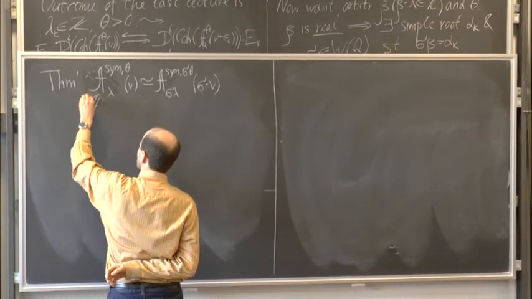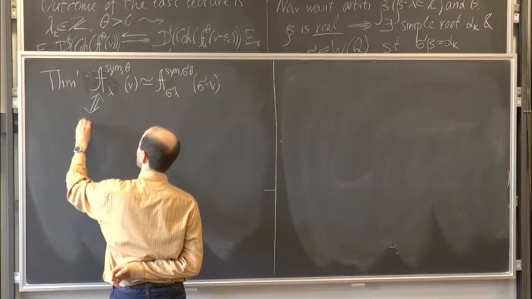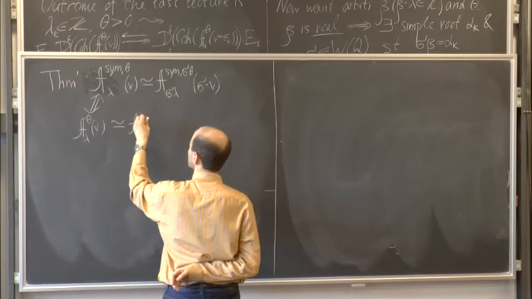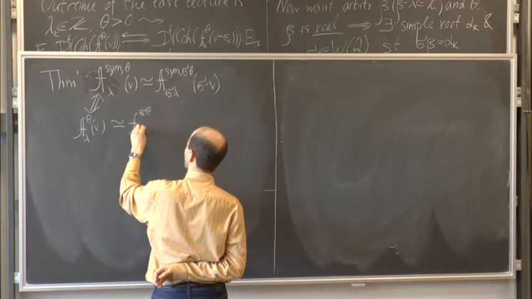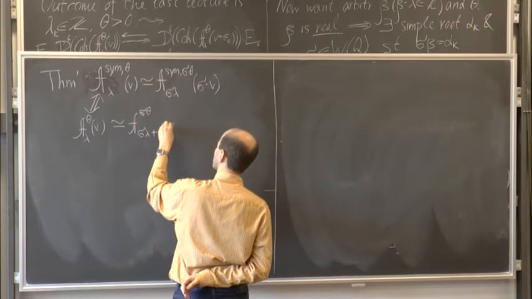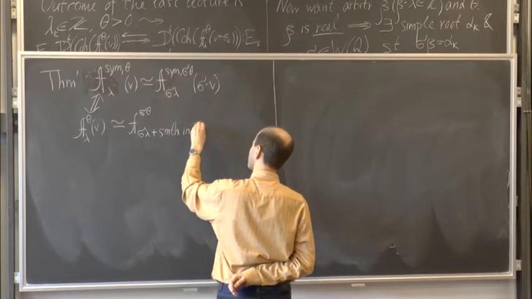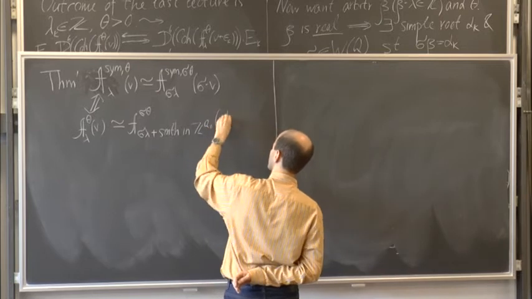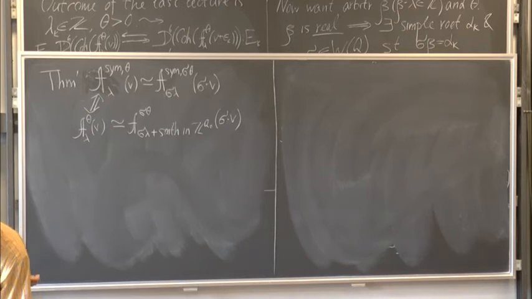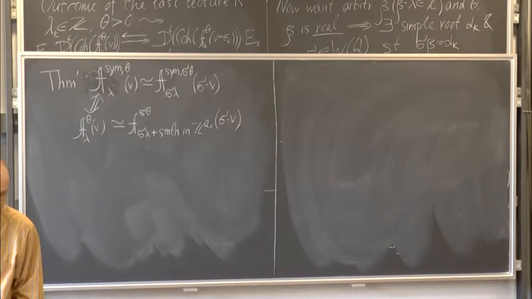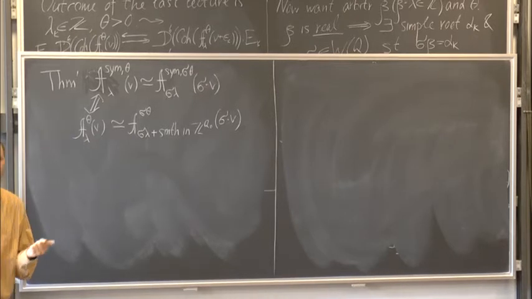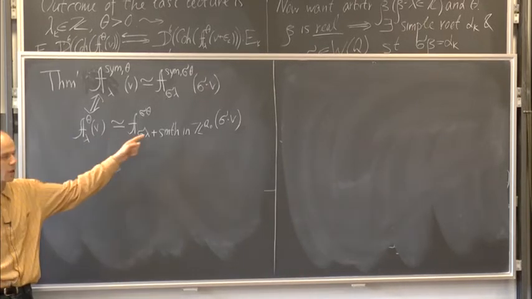So it's equivalent to say that A lambda theta v is equivalent to A sigma theta, sigma lambda plus something integral, sigma dot v. And I don't care about integral shifts because the categories of modules don't depend on these shifts.